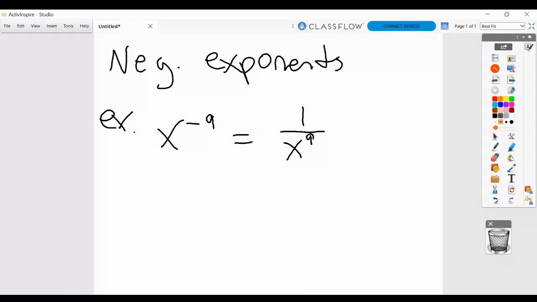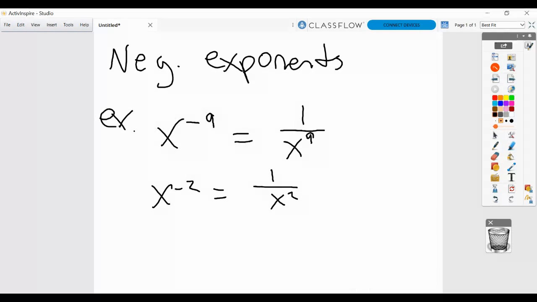So let's say you have something like x to the negative 2. Well, that would become 1 over x squared. Okay, so that's what we mean when we're saying negative exponents and you want to write 1 over it. You could also have something like the following. Let me erase this one.